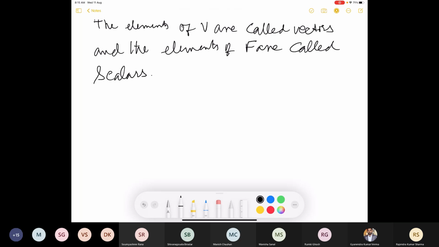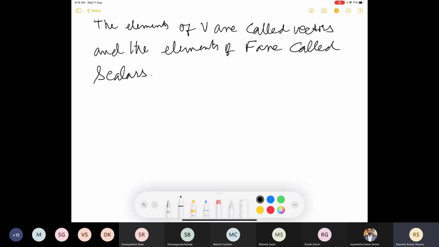That's what we said. We shall also have this notation that α, β, γ, δ, and so on represent the scalars without mentioning that they are elements of F, and u, v, w, and so on are elements of V, and they are called vectors.